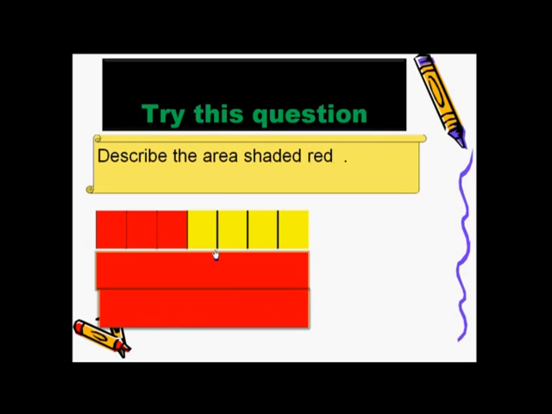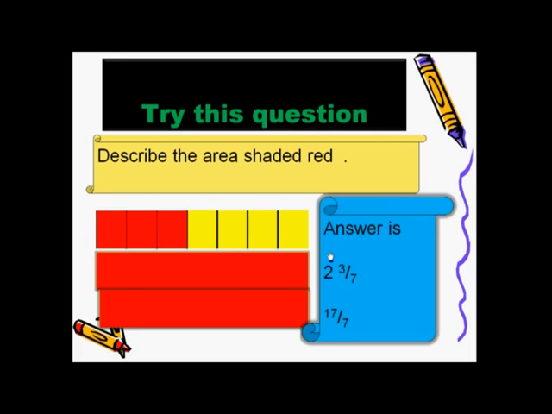So go ahead now, pause your video, and describe the area shaded in red. Did you get these answers? The first answer, it is 2 3/7 or 17/7. Now if you did not get these answers, try again until you get these answers.